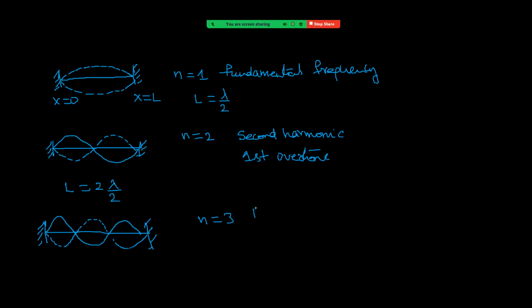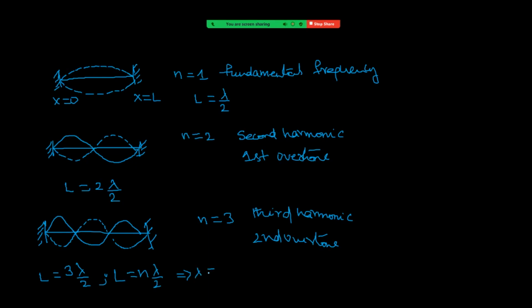It is known as third harmonic, or second overtone. Again, we can write length equal to 3 into lambda by 2. If you generalize, if you have n loops, then L equal to n into lambda by 2. That implies lambda equal to 2L by n.